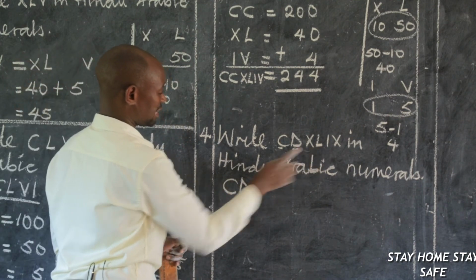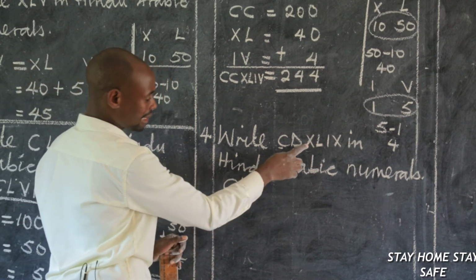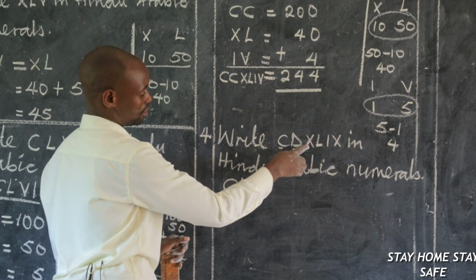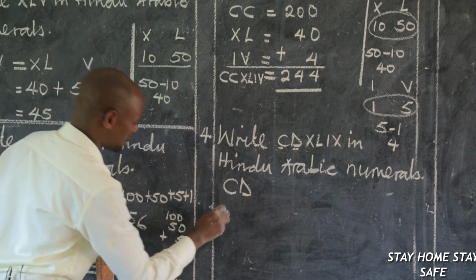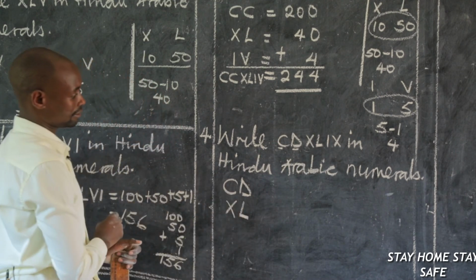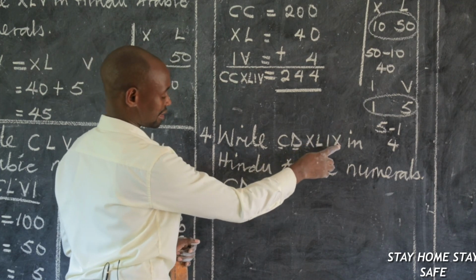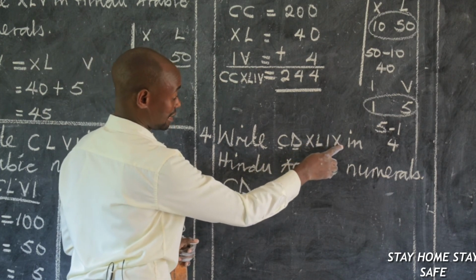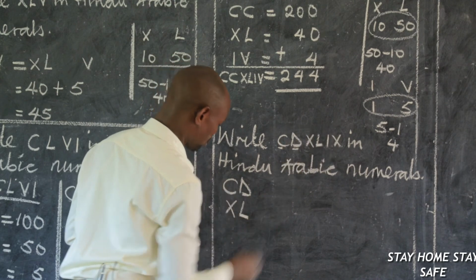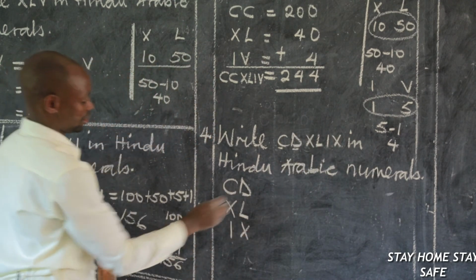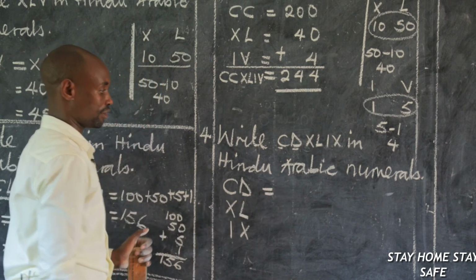You go to X and L. X and L. X is smaller than L. A smaller one is beginning. Therefore, X and L are inseparable. XL. I is smaller than X because this is 1, this is 10. Therefore, these ones are also inseparable. That is IX. What is this one going to give you?